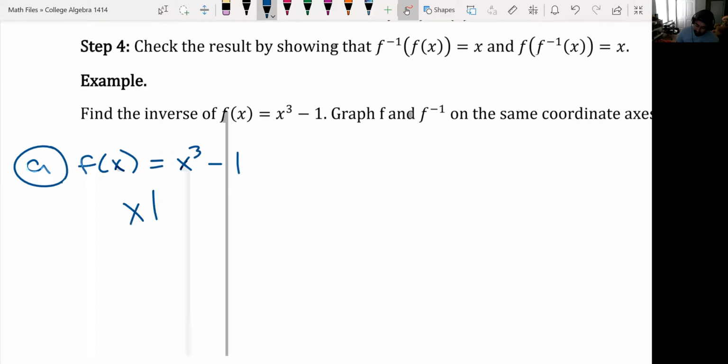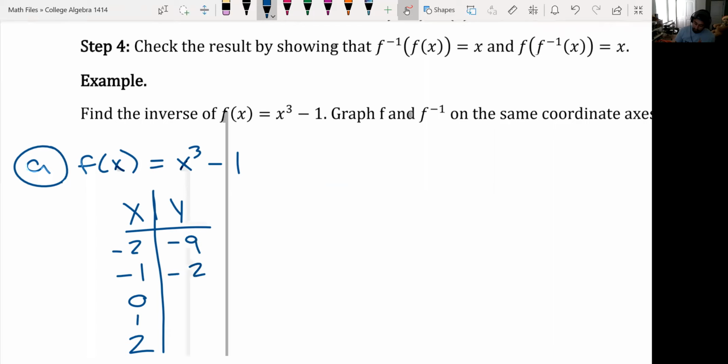So I'll just make a small XY chart. And to graph this, I'm just going to choose the most common numbers when graphing. -2, -1, 0, 1, 2. Now plug these into the function. -9, -2, -1, 0, and 7.